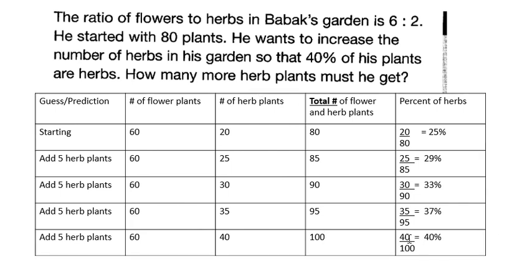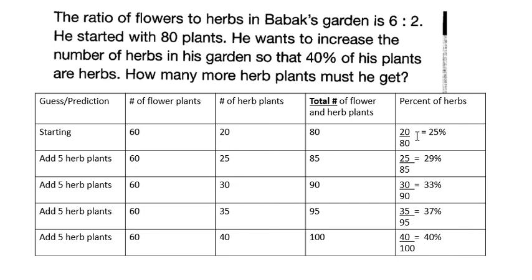My percentage of herb is now 40 herb out of 100 total plants. And if we change that to a percent, we now have 40% are herb plants. And we have met our goal of 40% being herb plants.